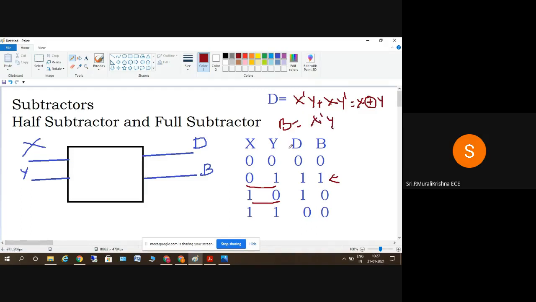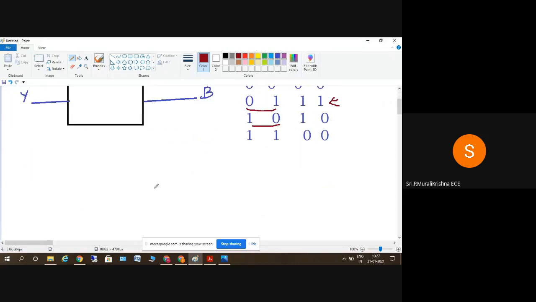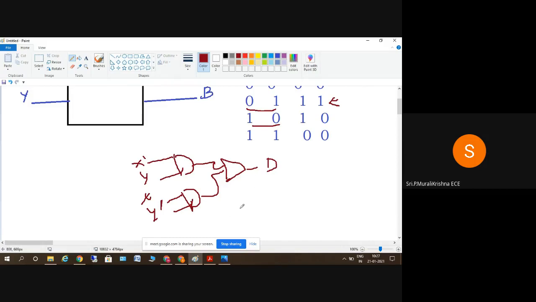Okay, so draw the equation circuits for this: the difference and borrow equations. The circuit drawing is the same as earlier. So this is the difference and borrow is x bar y.